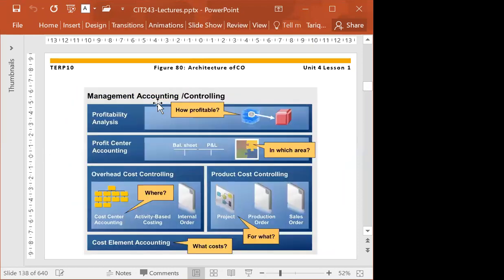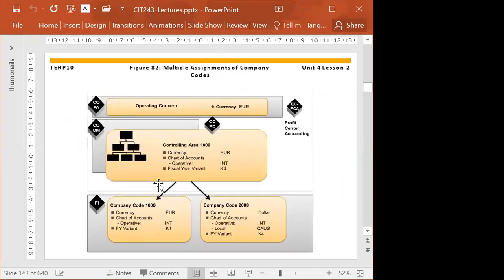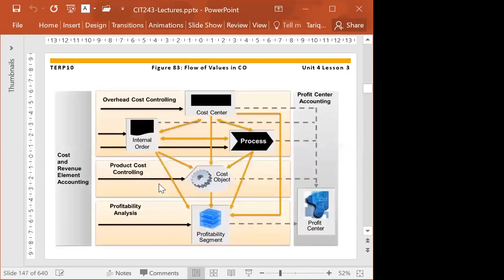You see that the cost element accounting transactions are coming from the bottom, from finance, and going to the overhead cost controlling or product cost controlling. So there are two different areas that receive the transactions: product cost controlling and overhead cost controlling.